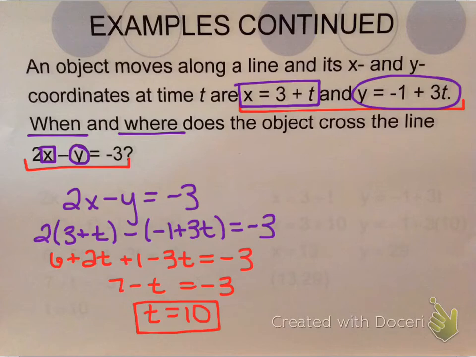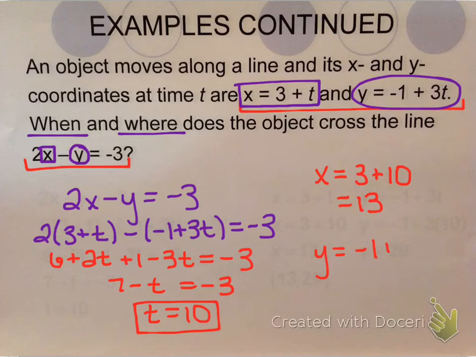Okay? And once we know when, finding where is really easy, because remember, we have two equations that will tell us the x and the y position at any given moment in time. So if I took my x equation and plugged in the time I just got, then I know the x position is 13.